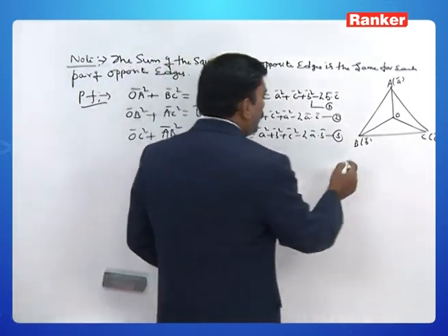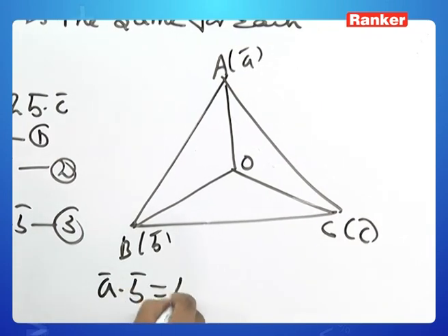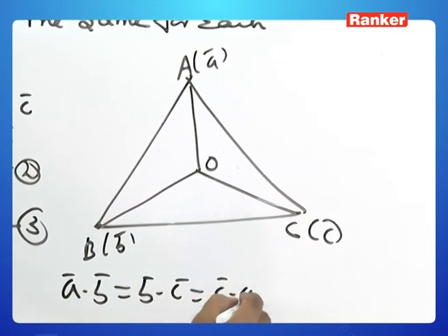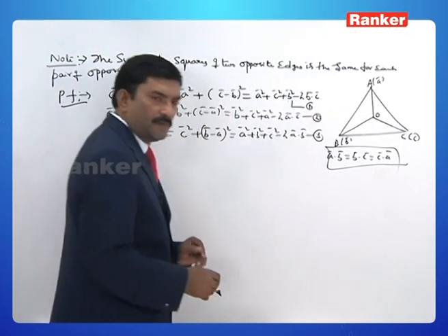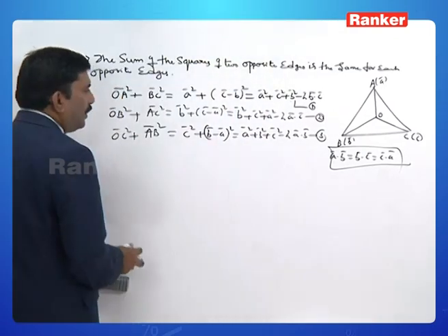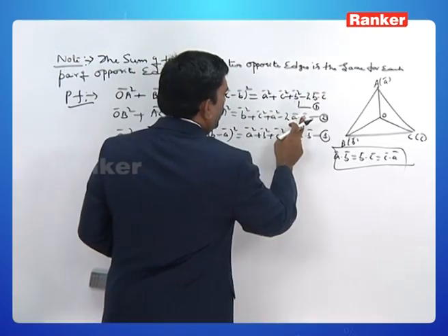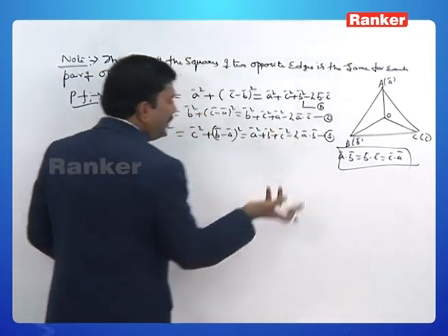So therefore we know that A dot B is equal to B dot C is equal to C dot A. By using this, here also A dot B, here also A dot B, correct or not?